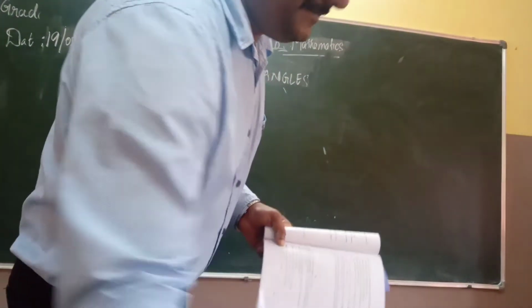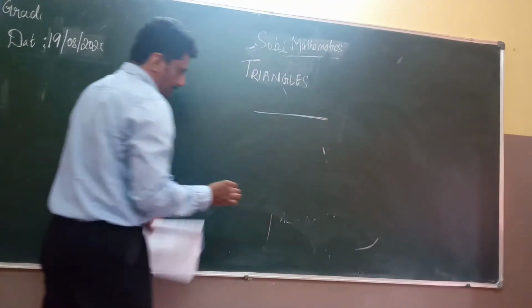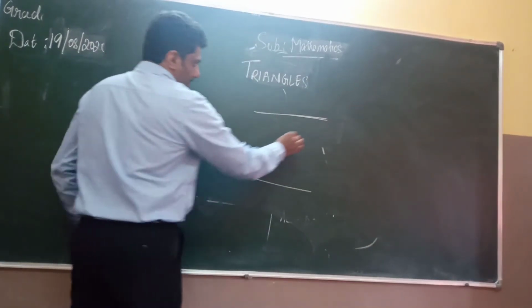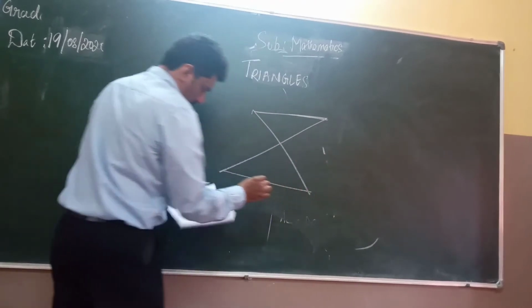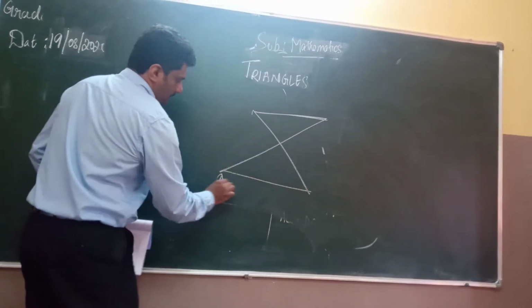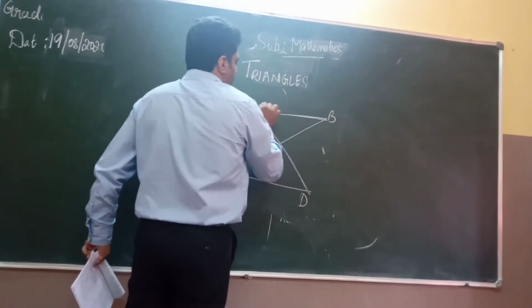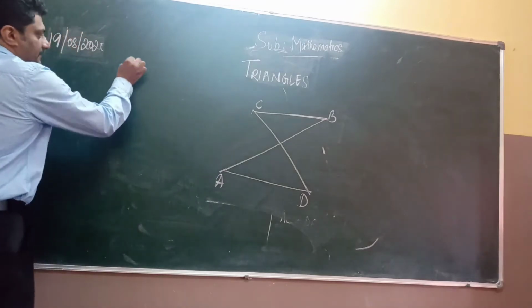Now here they have given a diagram like this. In the question, what is given?